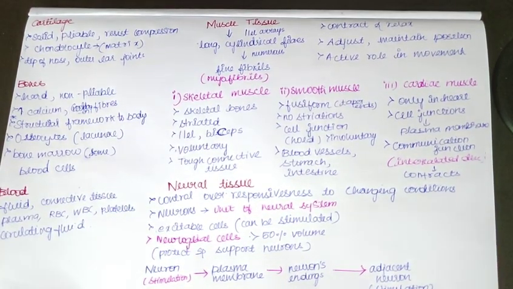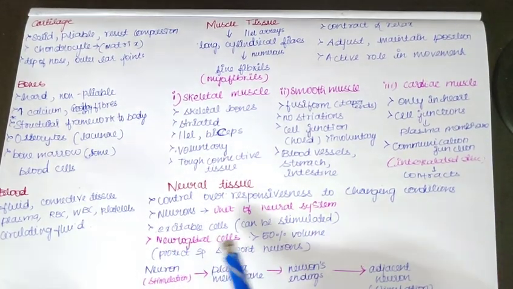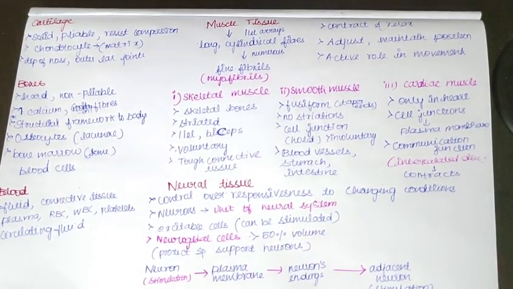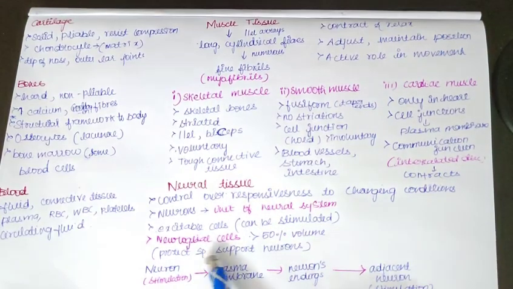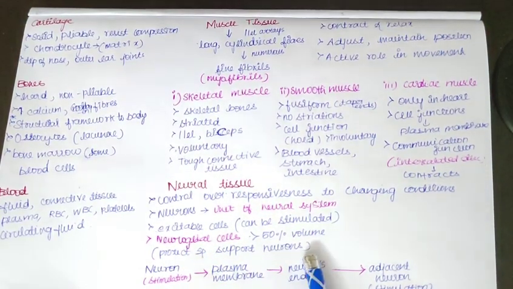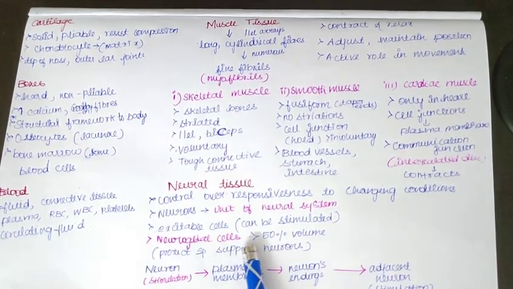The neuron cell can be stimulated and also they produce a response, that is what is meant by excitable cells. And to talk about the neuroglial cells, these are the ones which protect and support the neurons. We have neurons and also neuroglial cells which protect and support the neuron. And the main point is they are around 50% of the volume of the neural tissue. If we take that, the neuroglia will be present at more than 50% of the volume.